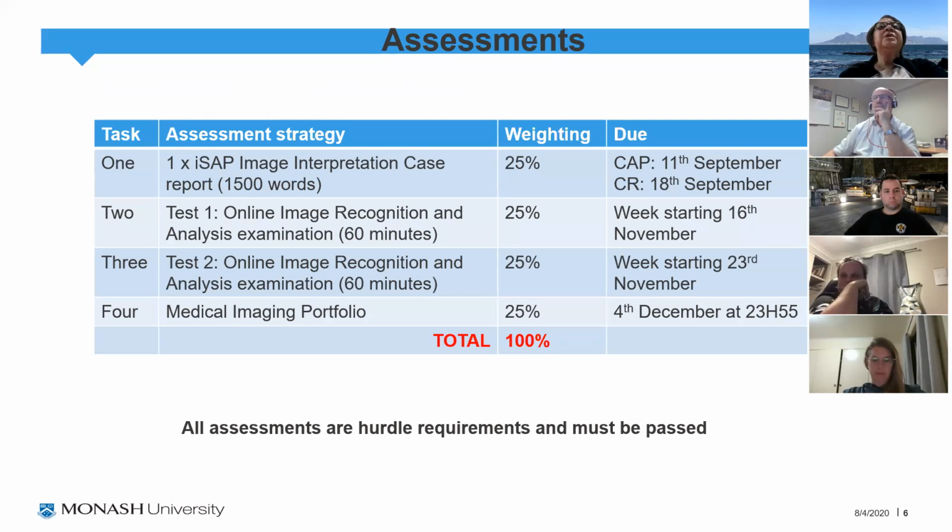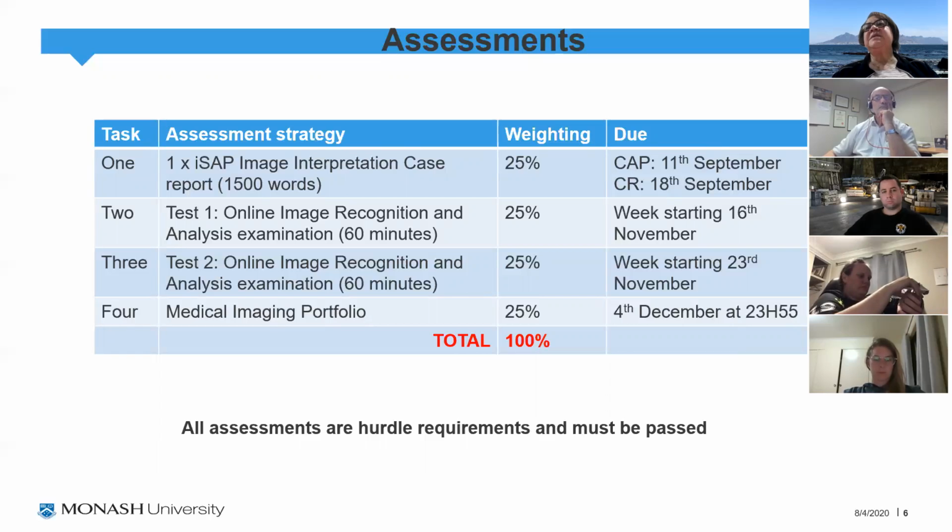So there will be 4 assessments. You'll be undertaking an ISAP case. Now, you did have an ISAP case for RAD4502, so it's going to be very similar to the way that it was done. You'll have a clinical action plan, and then you will receive the expert report, which you then need to compare to the clinical action plan and provide a comparative report.